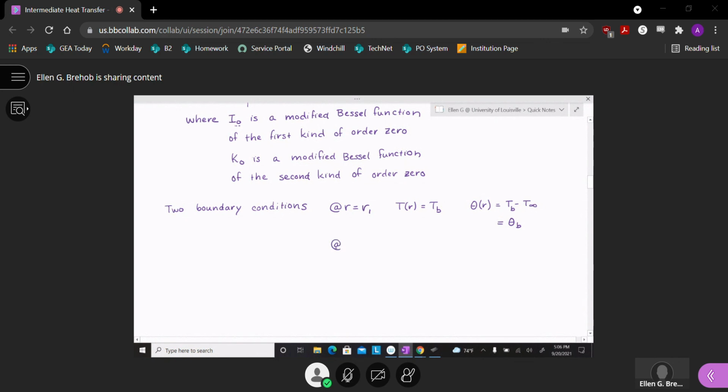And then the other one we'll use is at r equal to r2, we're going to say that there is no heat loss, so it's the adiabatic thin tip case. And then again, we want to be writing it not in terms of temperature, but in terms of this substituted variable.